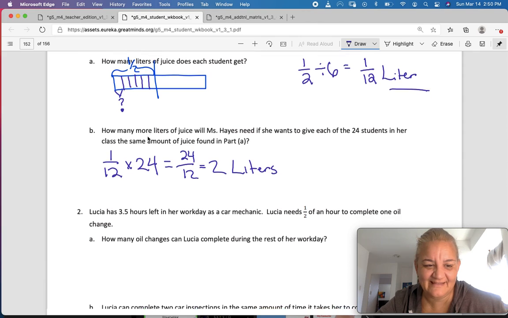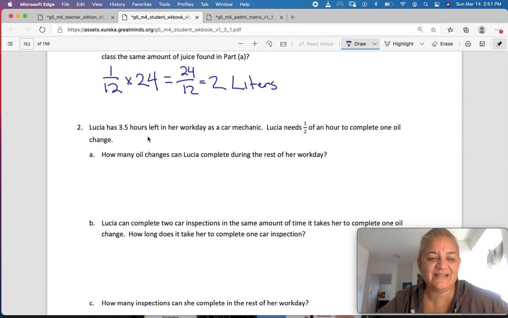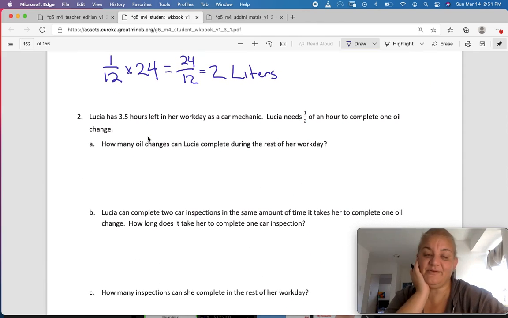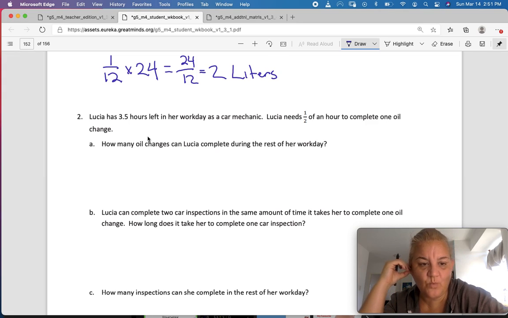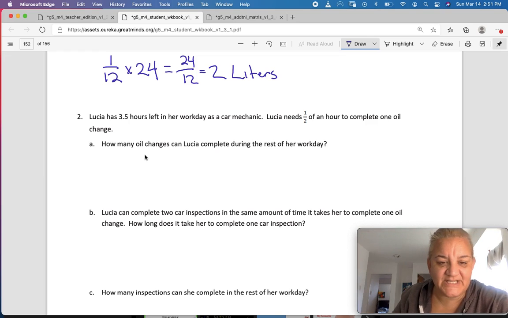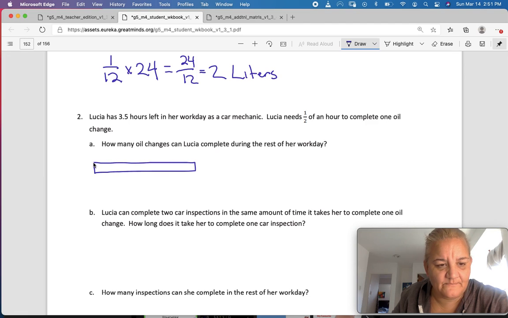Okay. Lucia has 3.5 hours left in her workday as a car mechanic. She needs half of an hour to complete 1 oil change. How many oil changes can Lucia complete during the rest of her workday? So she has 3.5 hours, and she wants to finish her day.